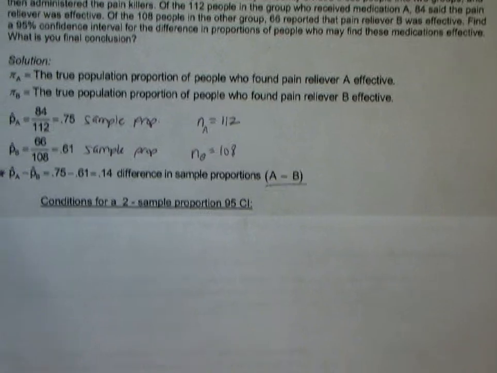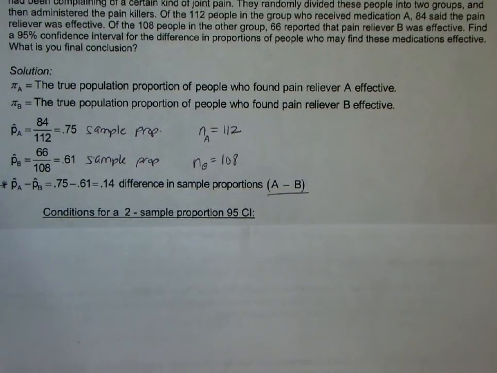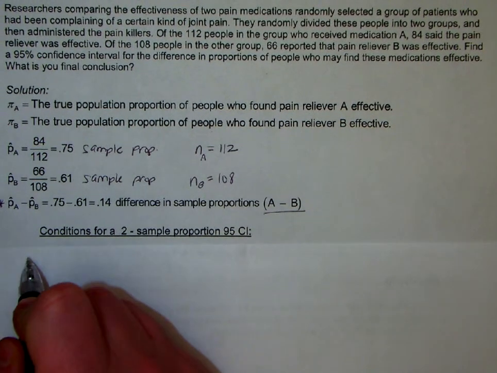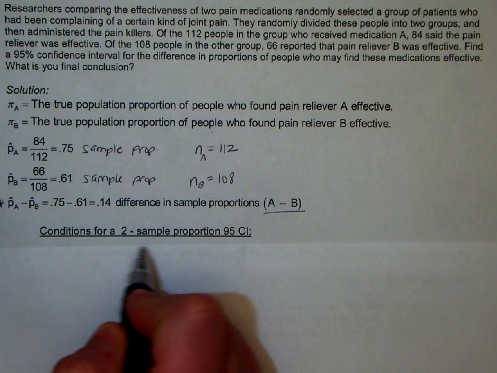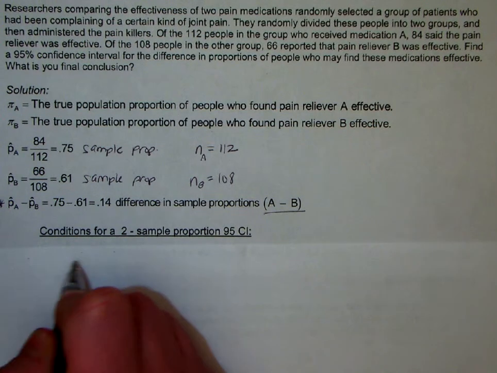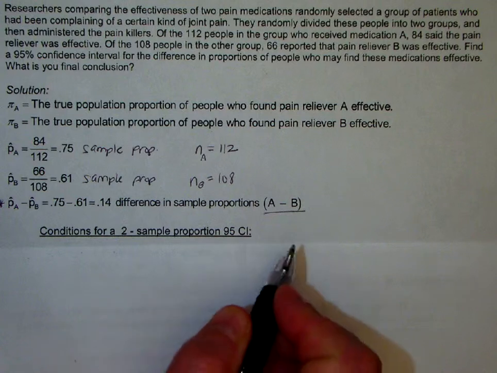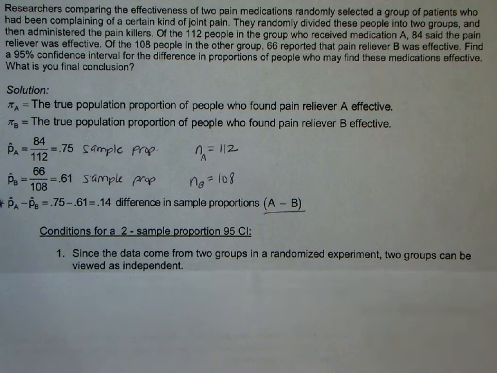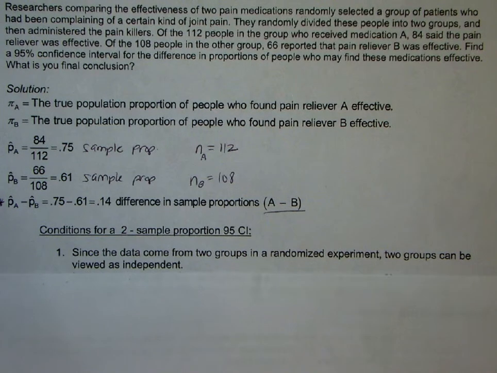So normally what you would have to do, if it was randomly selected, you would have to write, number 1, simple random sample from the population of these people. But in this situation, this is actually not a sample at all.